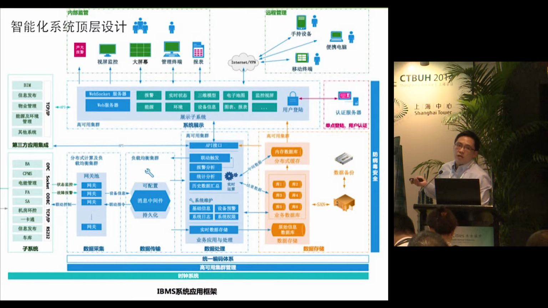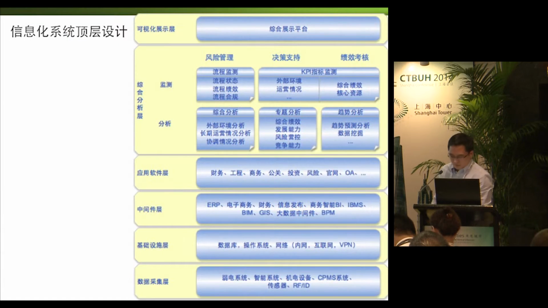According to our tests, the information from the subsystems can be delivered to our controlling system within 1 to 3 seconds. This is our higher level design for our information-based system. This is divided into 6 layers, including the data collection and basic transportation.